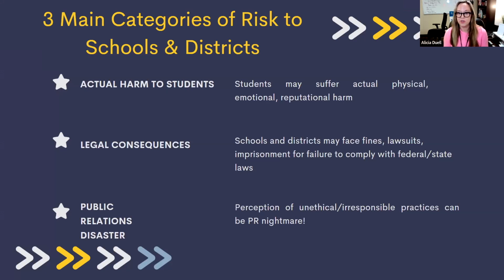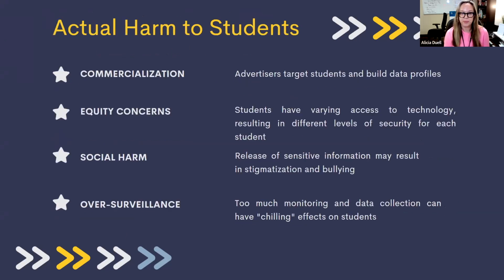If you don't comply with federal or state privacy laws, you could face fines, lawsuits, etc. And then finally, and some probably superintendents would say most importantly, it could be an absolute PR disaster. Probably all of us can think of examples from the news of schools or districts or companies that have had some major PR disasters because of security flaws.